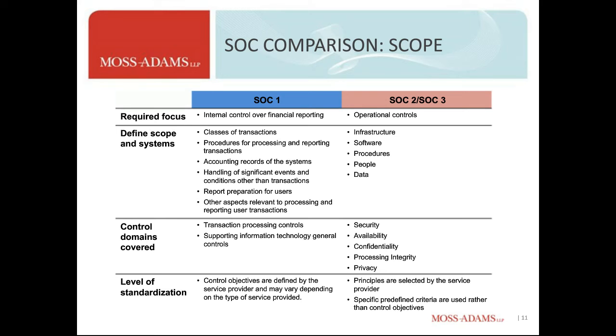They have to follow the prescribed criteria that the controls have to map to and meet in order to have a SOC 2 report issued. So again, for a SOC 1 report, the service organization is identifying the objectives, and for a SOC 2, it's a prescribed list of criteria depending on which of the 5 trust services principles are selected.